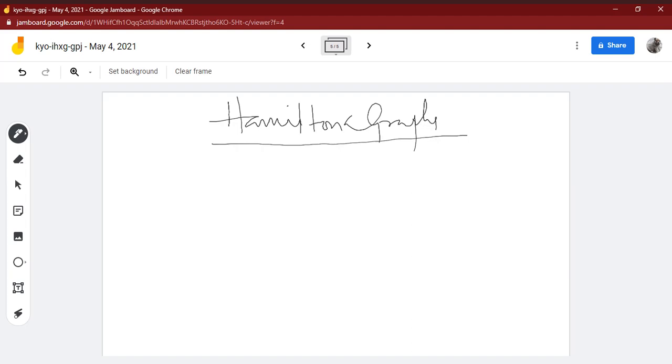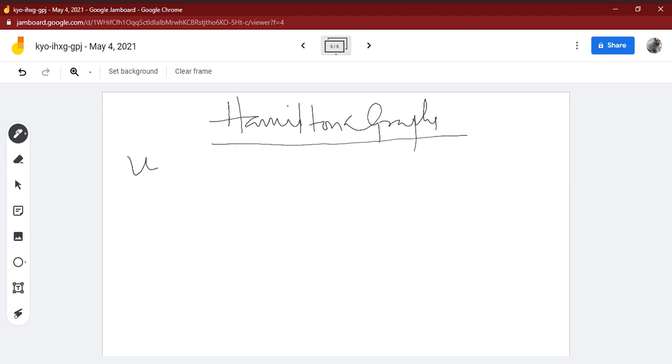You can check in your PDF file. You'll find the definition over there. Now, what is a Hamiltonian cycle? A Hamiltonian cycle or Hamiltonian circuit in a graph G is a cycle which contains every vertex of G exactly once, except the origin vertex, the vertex from where you start.